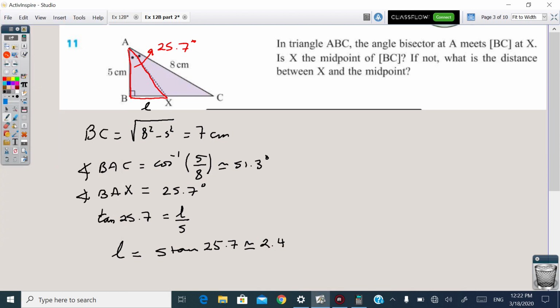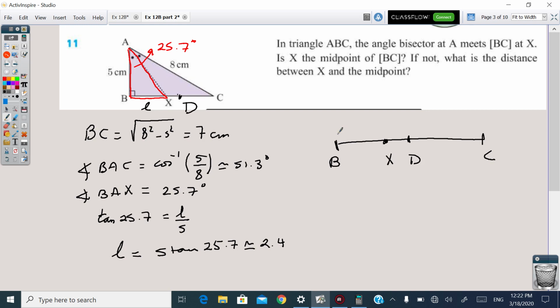But the midpoint of BC is, let's say, somewhere here. Let's call it D. And if we draw the line here, if this is B and this is C, then D is somewhere here, and X is somewhere here.